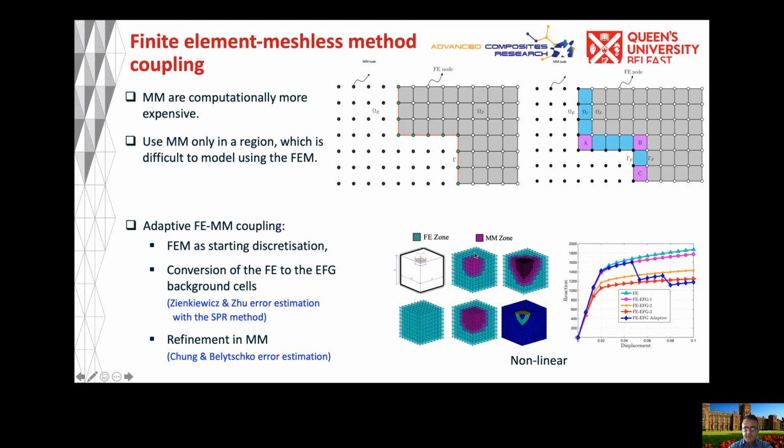This purple region is a meshless zone, and the blue one is the finite element zone. Then we can do refinement in the meshless zone because it's easier as compared to finite element. And then we can obtain the limit load for this specific case, and we can plot the load displacement curve.